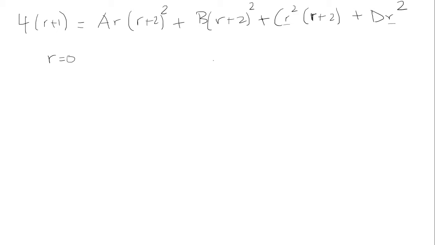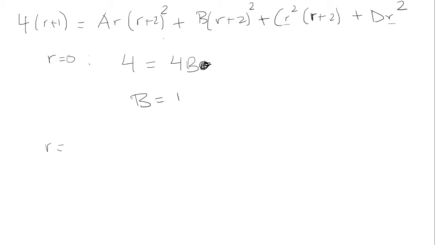That's going to knock those out. So on the left, 4 times 0 plus 1 is 4. On the right, A times r is 0, so that gets canceled. And then plugging in r equals 0, I get 2 squared times B. The C r squared gets canceled, and so does the D r squared. So then B here is 1.